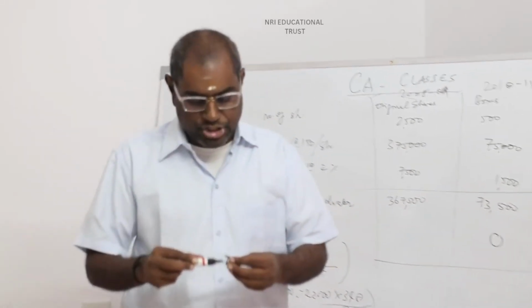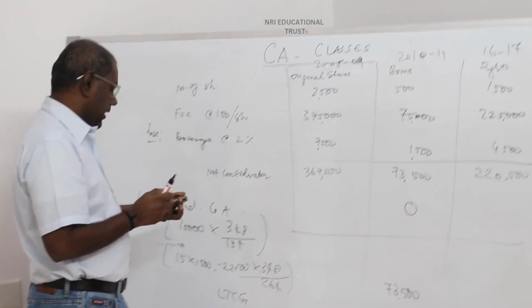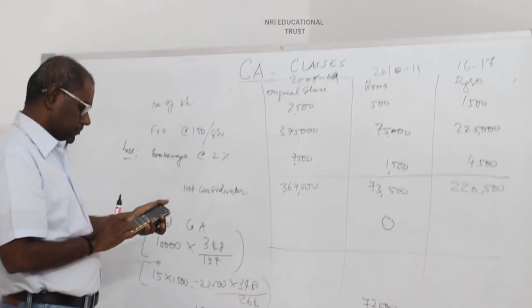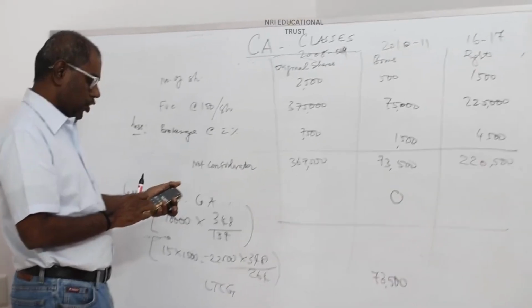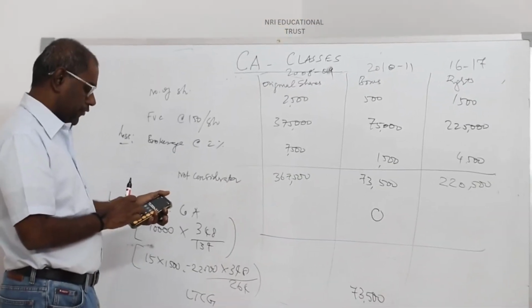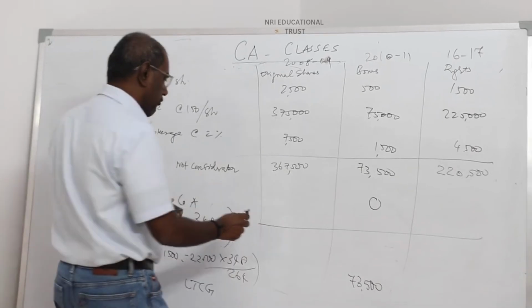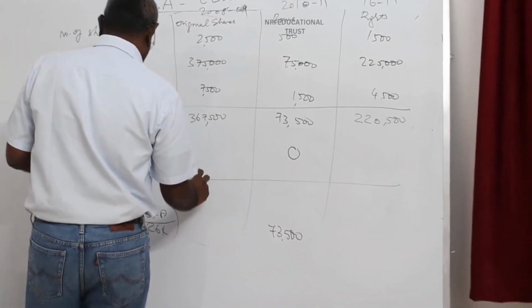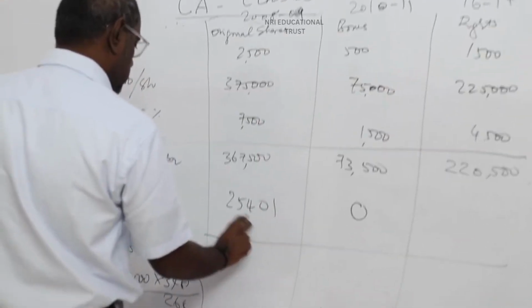I'll bring the calculator, just a minute. So here 10,000 into 348 divided by 137 is giving me 25,401.